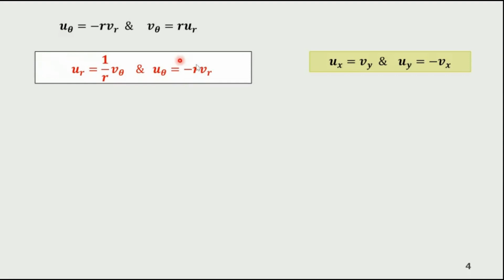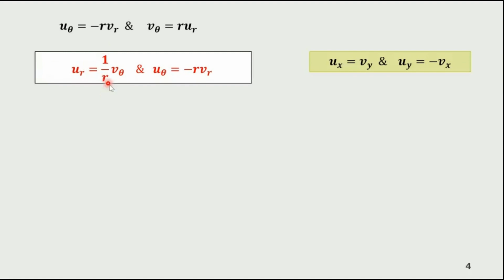If I compare the CR equations in Cartesian coordinates with those in polar coordinates, in Cartesian we write first X, then Y; in the second equation, Y and X with a negative sign. Here also, R, theta, then theta, R with a negative sign.